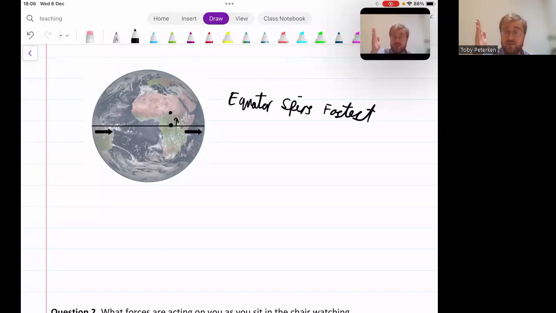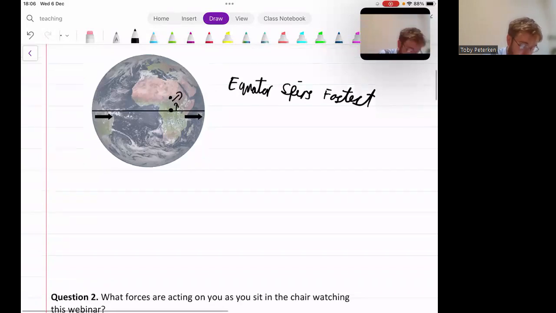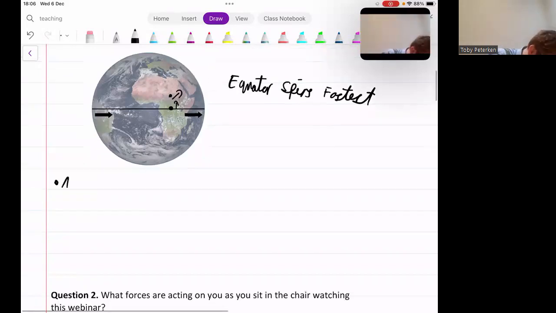So actually what we're going to see is the wind is moving faster than the Earth. And so the wind will actually appear to be blowing northeast.